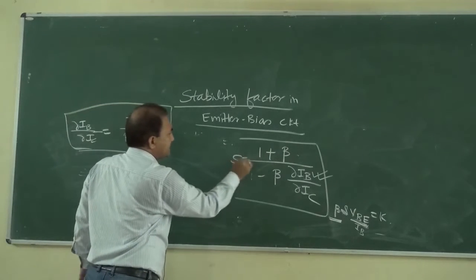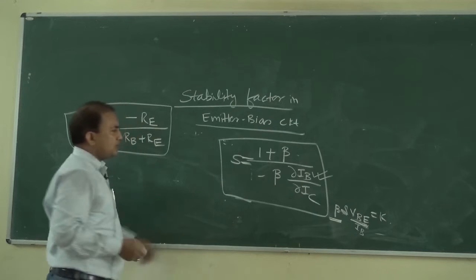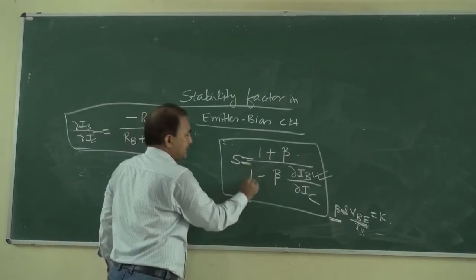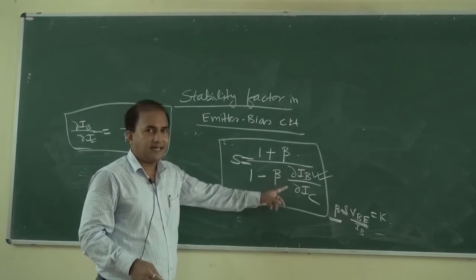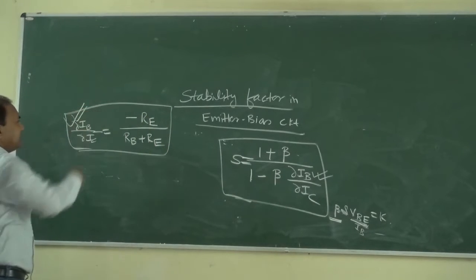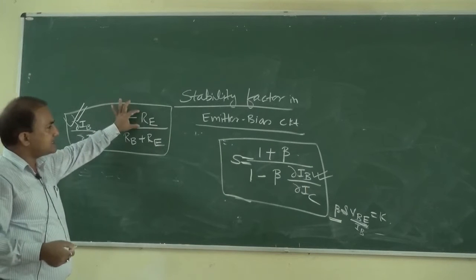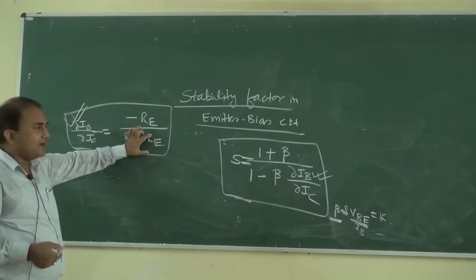So how can we calculate the stability factor S? S is equal to (1 plus beta) divided by (1 minus beta times del IB by del IC). Just now we have calculated del IB by del IC, equal to minus RE divided by (RB plus RE).